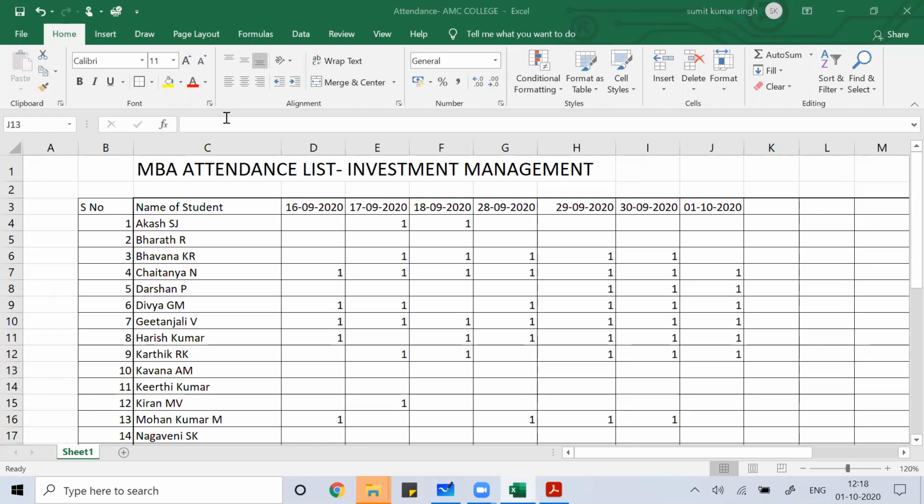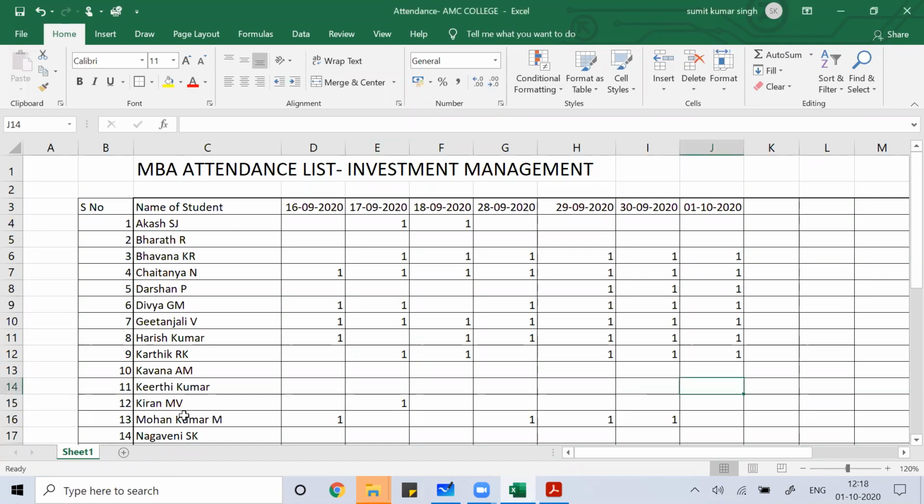Bhavna is there. Bharat, Akash are not there. Then Kavna, Kirti, Kiran, they are not there.